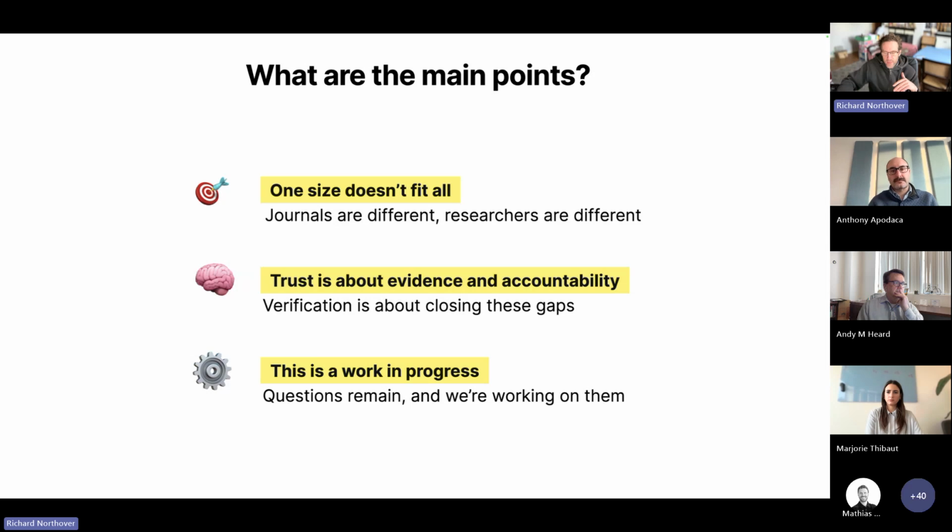I want to say that verification is how we gain trust, is about getting information and being able to use it to make decisions, and also about creating feedback loops of accountability, which is also something we can perhaps talk about more. Finally, all of this is a work in progress, so we're actively learning and finding out more and responding to feedback, and this panel is a great part of that, so I am glad to be here.